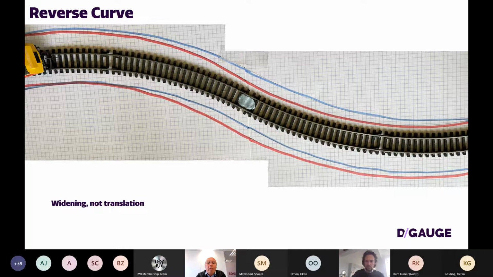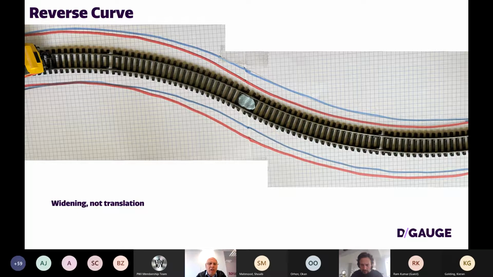We think of overthrow as a translation of the vehicle's static profile into the overthrow at a given section, which in general on a circular curve is correct. But in terms of a reverse curve, what we actually find, and you can see this in the center of it quite clearly, is that the swept envelope of the vehicle is widened and it's not translated.